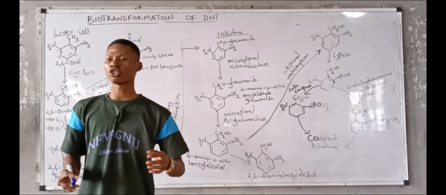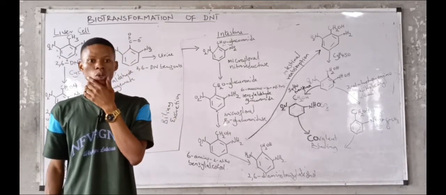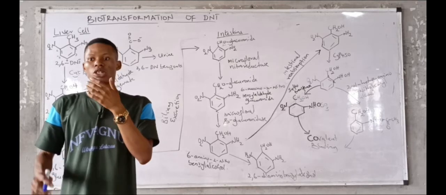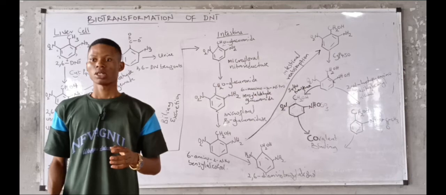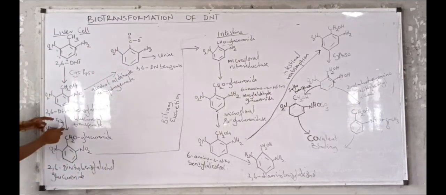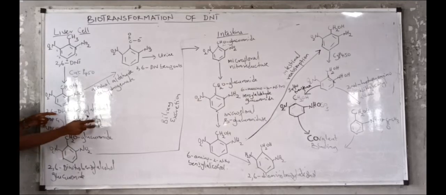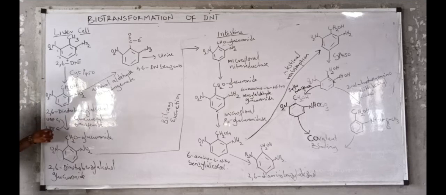And if it undergoes conjugation with glucuronate, we know that the donor in glucuronidation reaction is what? UDP glucuronate, and the enzyme is what? UDP glucuronosyltransferase, right? So if that happens here, glucuronate will be attached here, and if glucuronate is attached, the name is now what?